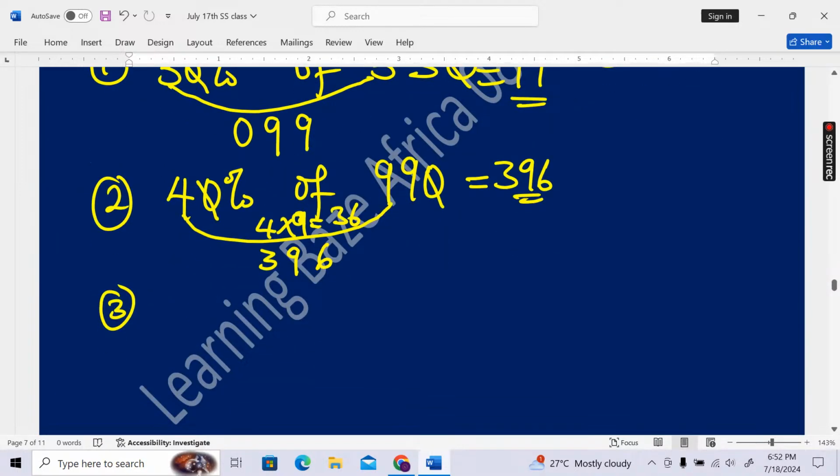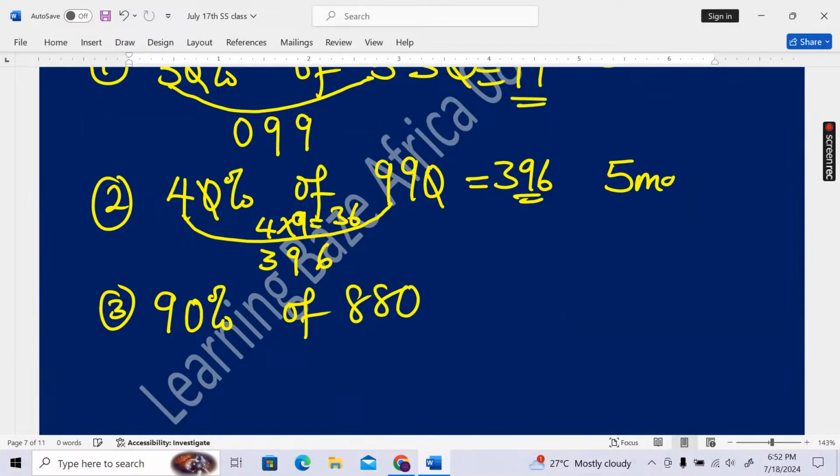Now, this is time for another question. What is 90% of 880? For this number 2 question, for the correct answer, give yourself 5 marks.